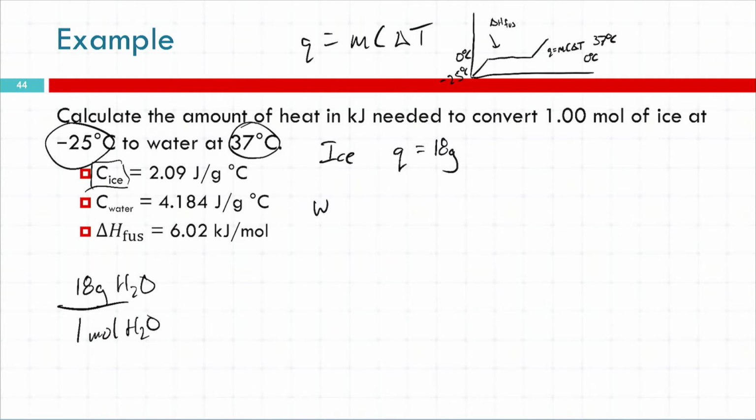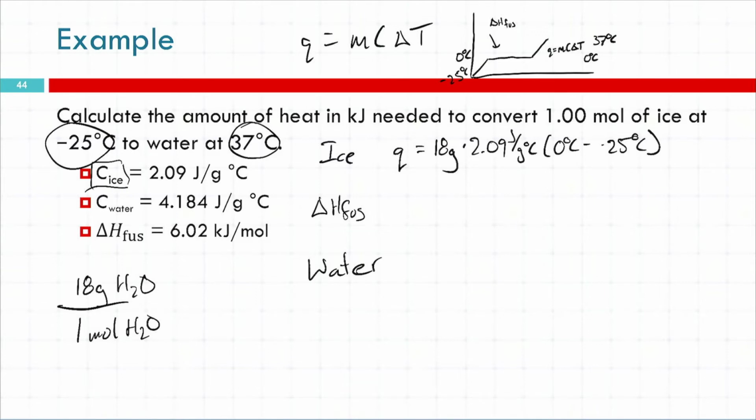We'll do them in order: the delta H of fusion next, and then the heating of the water. So 18 times 2.09 joules per gram degree C, and our temperature change is going to be T final, 0, minus negative 25 degrees C.